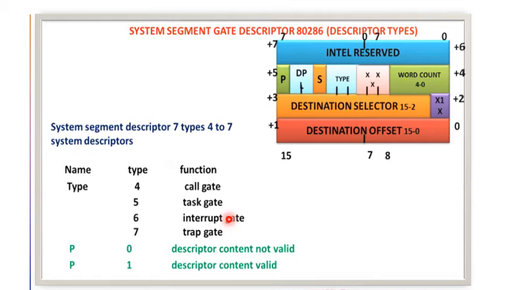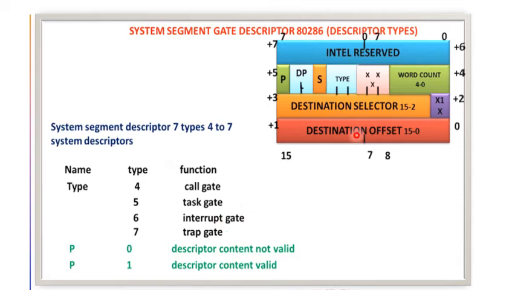The gate descriptor provides information regarding indirection between the source and the destination of control transfer. Call gates are used to change privilege levels. Task gates are used to perform a task switch. The interrupt and trap gates are used to specify interrupt service routines.